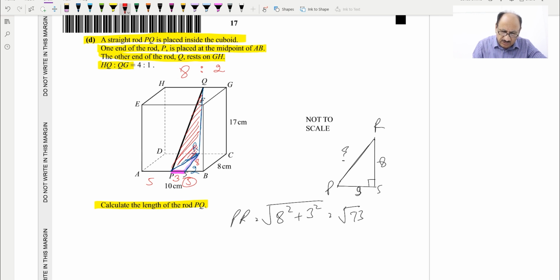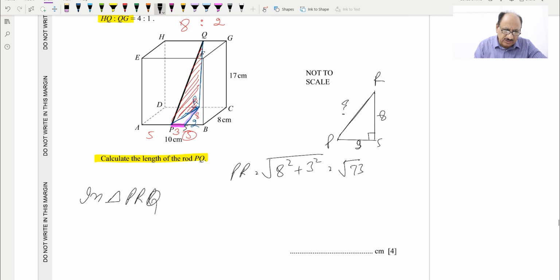Now we will apply Pythagoras theorem again, and now we will be considering this triangle, which is PRQ. So in triangle PRQ, one side is 17, and the other side we just found. So PQ is equal to the square root of 73 square plus 17 square.